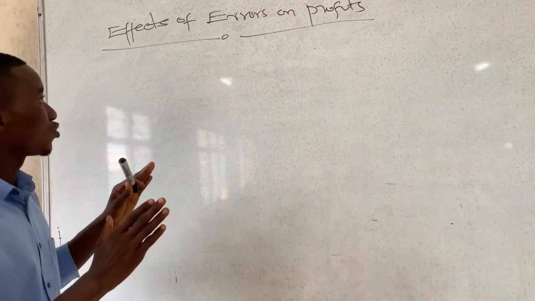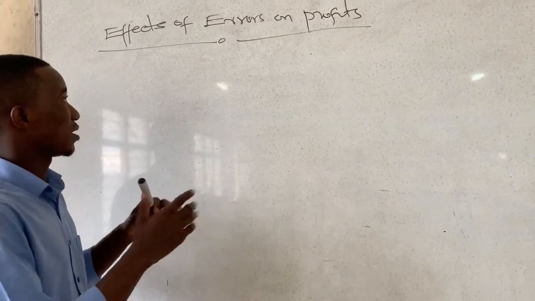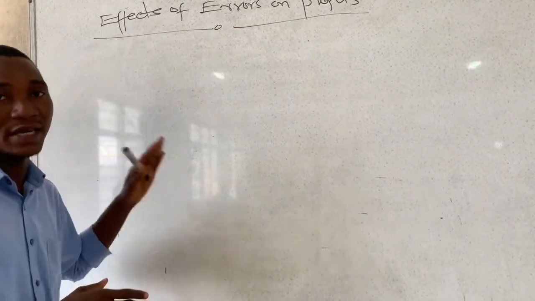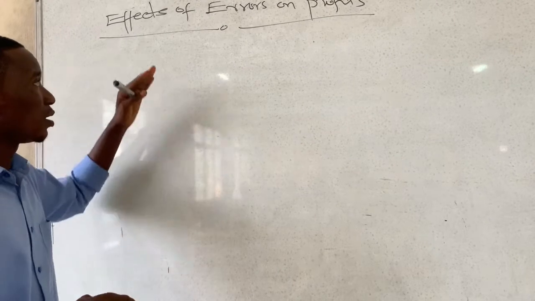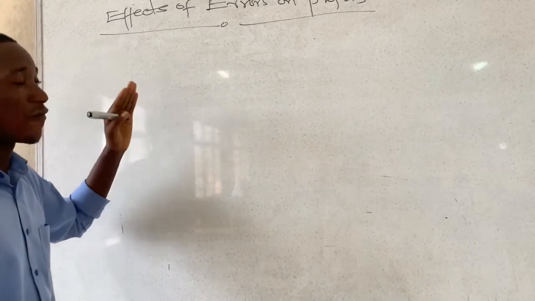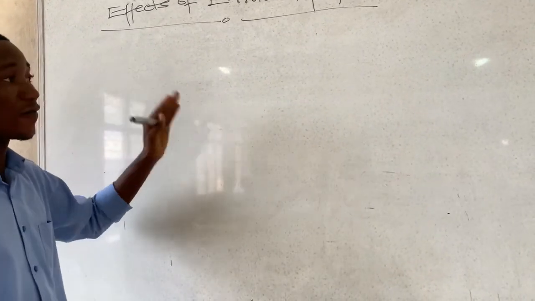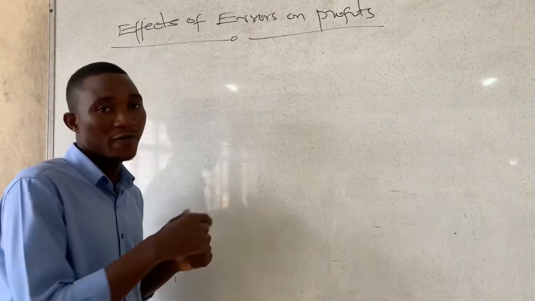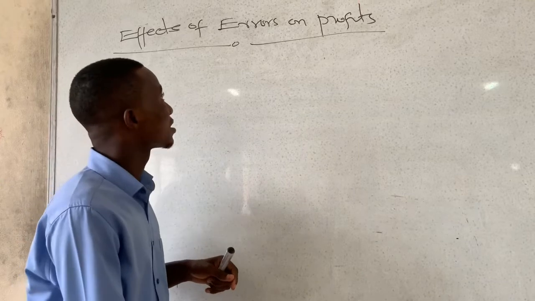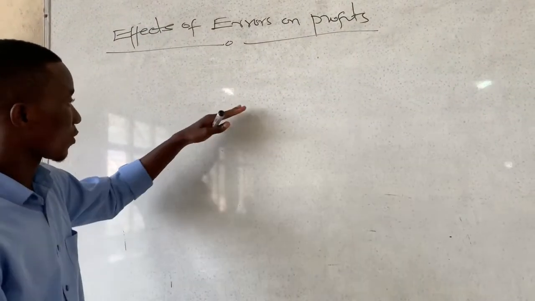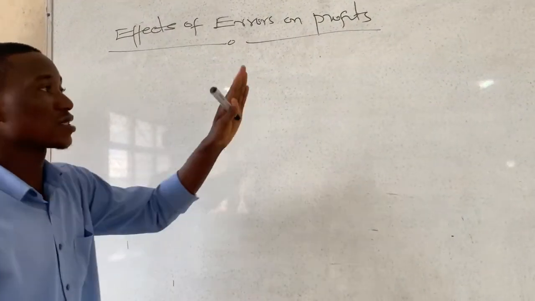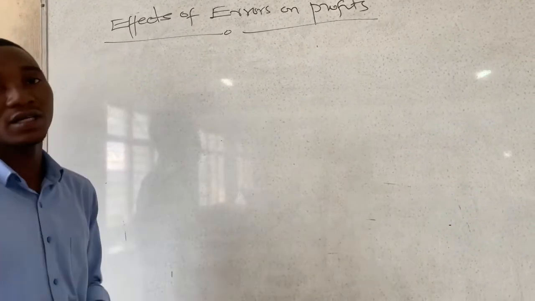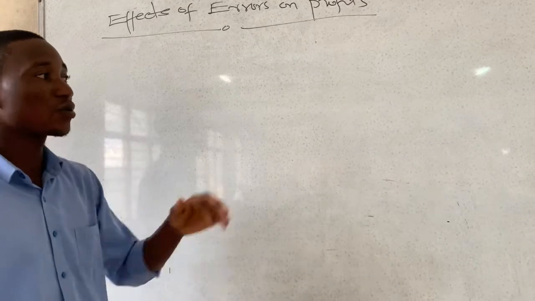So to actually look at the effect, let's first of all talk about some items that are found in the income statement. Okay, if the errors affect items in the statement of financial position, it will never affect the profit, because statement of financial position items are not part of the income statement item, so it won't affect profit.